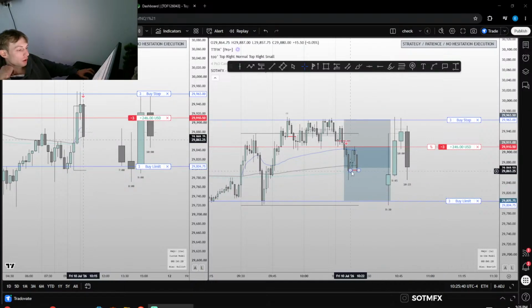So if price does not close below this level in the next candle, then I will close my position.